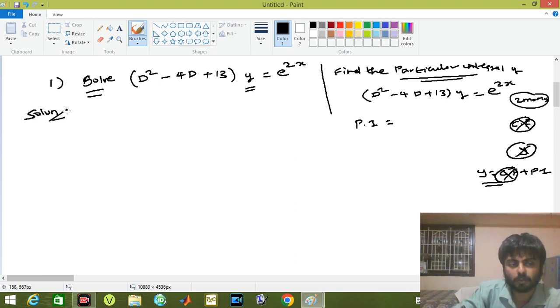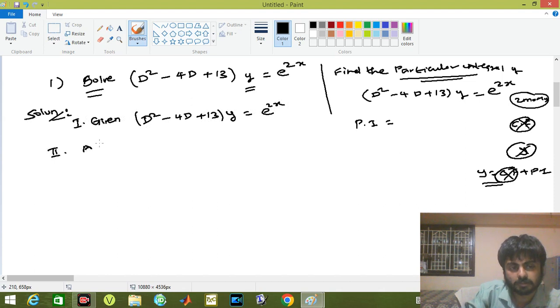So we have to write the given (d square minus 4d plus 13) of y equal to e power 2x. This is your first step. The second step is the auxiliary equation.